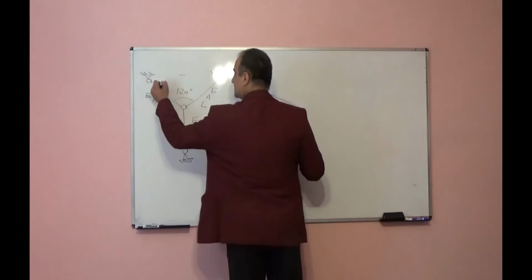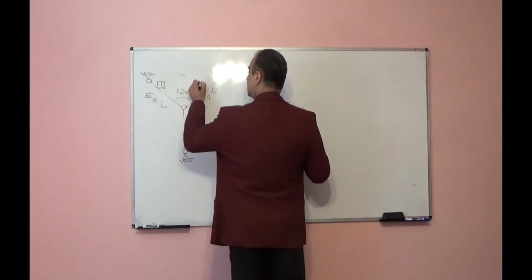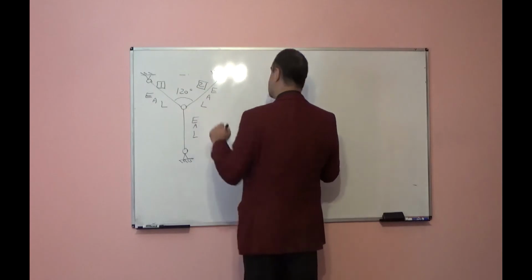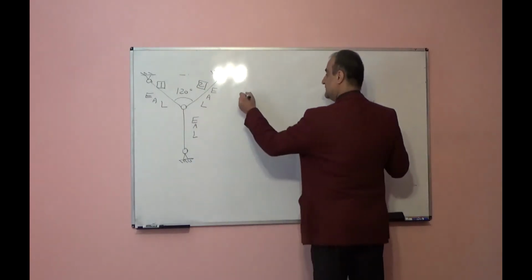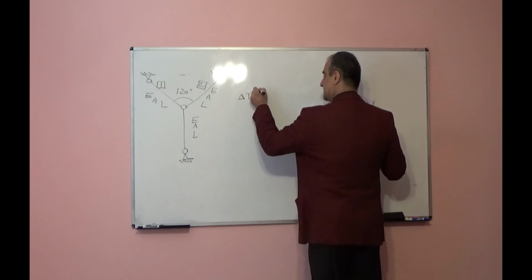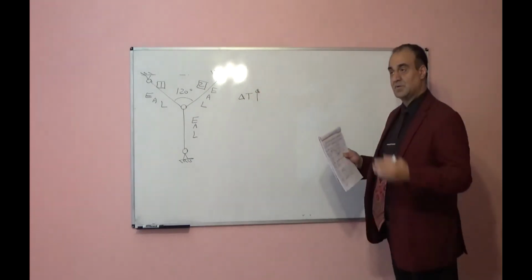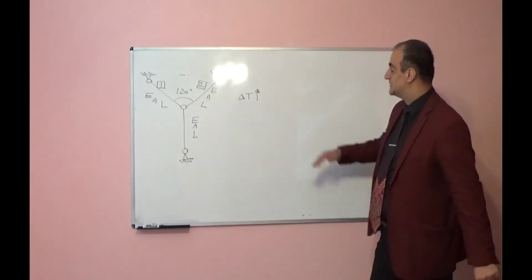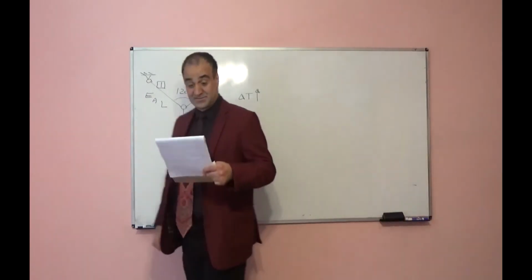In 2 members, for example, member 1 and 2, the temperature change is equal to delta T. We increase the temperature by delta T from ambient temperature.